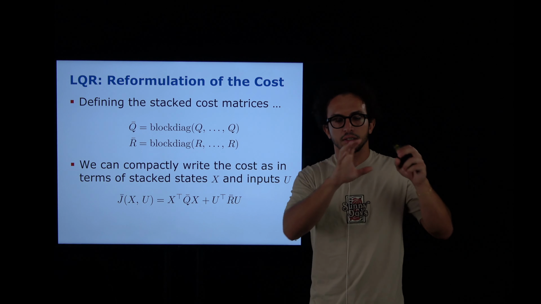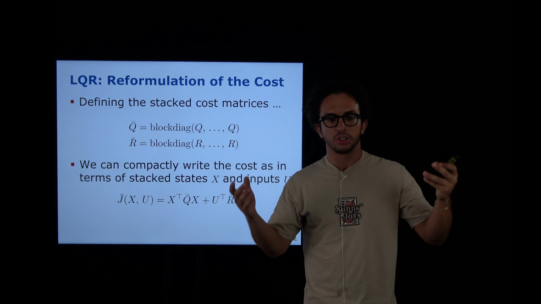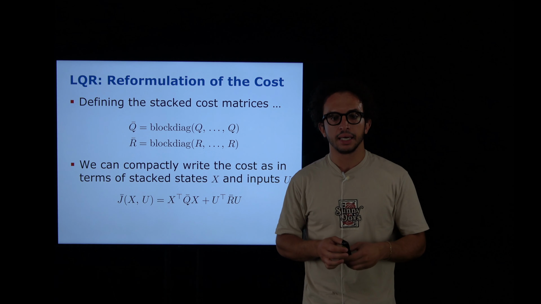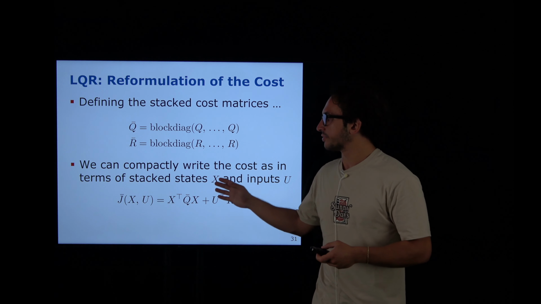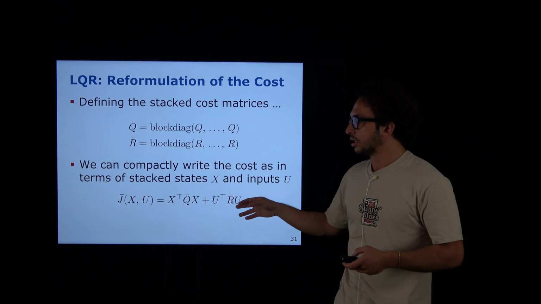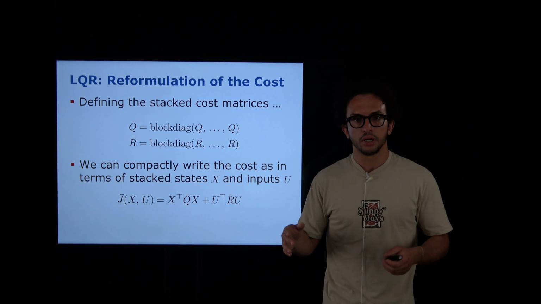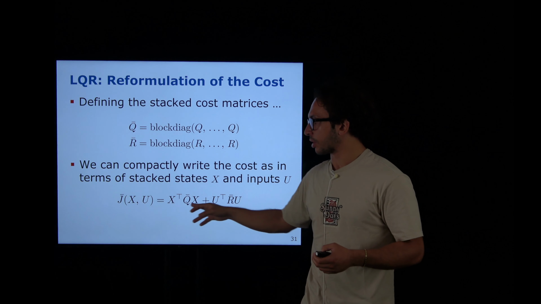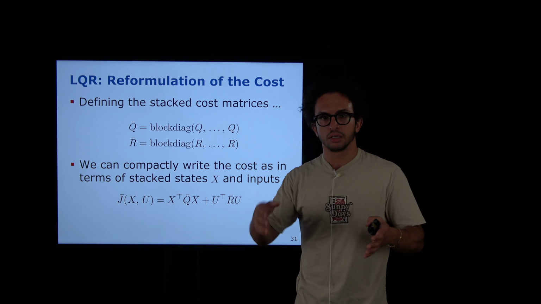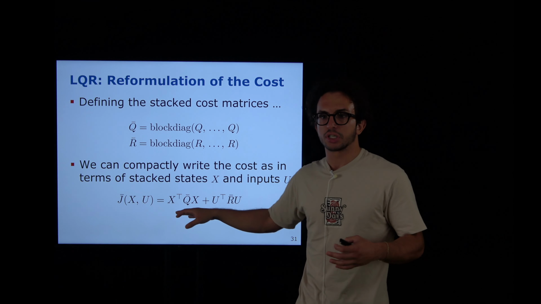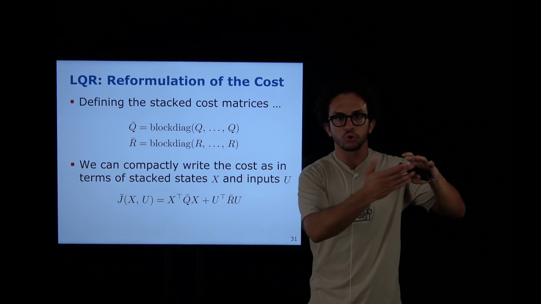We just stacked the Q and R matrices that we've introduced in the optimization problem. And we can write the cost function in this way. In the cost function that we've seen in the problem, it was basically the same form, but with the generic X matrix Q and generic U matrix R. Now we're just saying, let's put it all together.